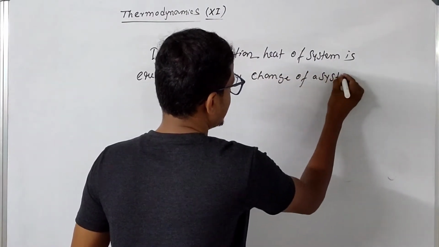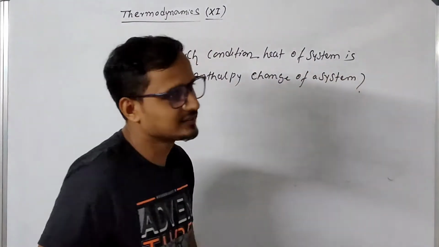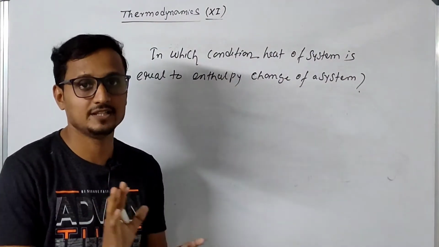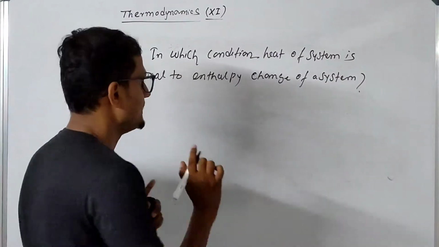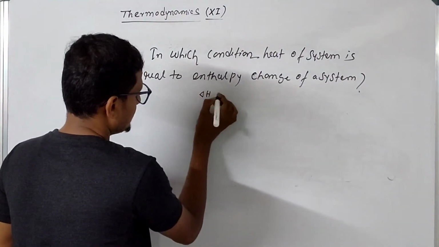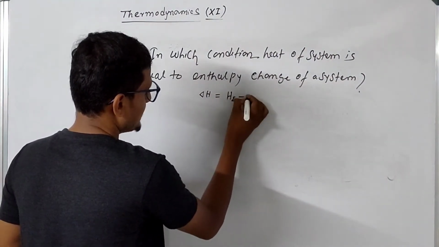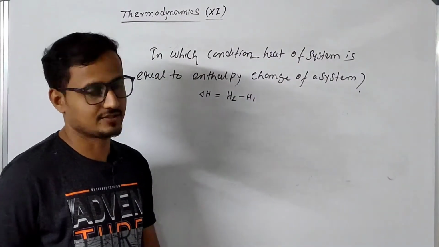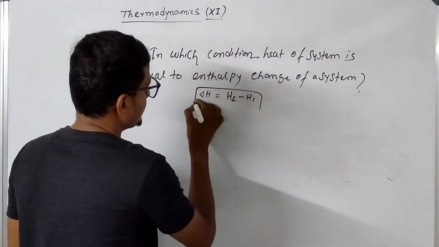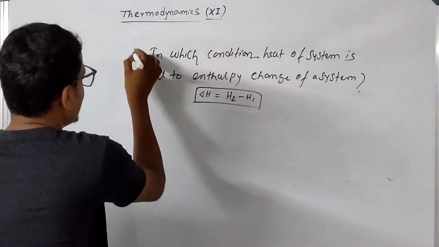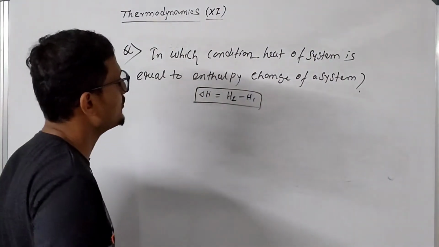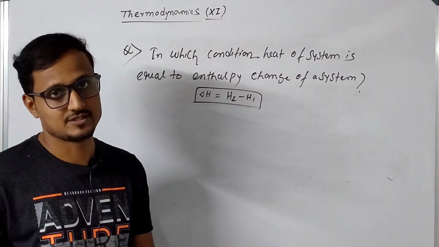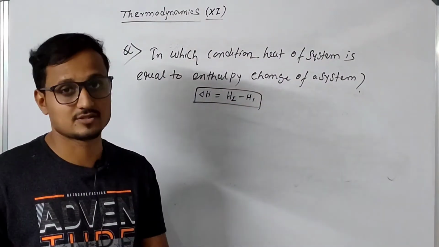Same as the internal energy, we cannot measure the absolute enthalpy of a system, we can measure the change of enthalpy of a system. That means we can measure the del H. Del H can be measured, H2 minus H1, but perfect H we cannot measure. So this one we have to keep in mind. Okay, so how to answer this question, that in which condition heat of a system is equal to enthalpy of a system? Now let's start from the first law of thermodynamics.